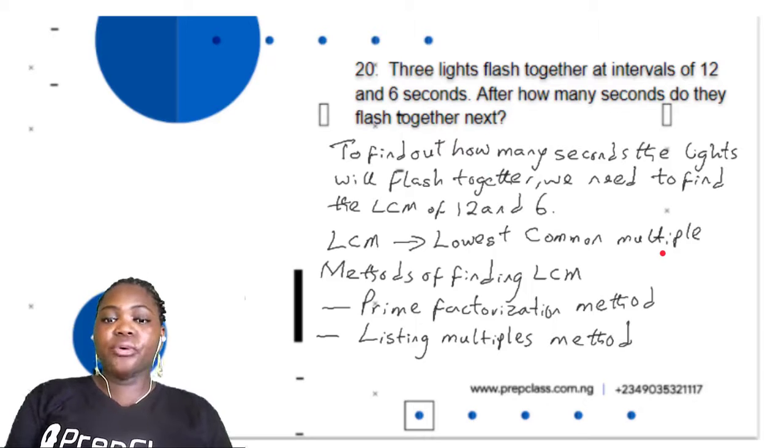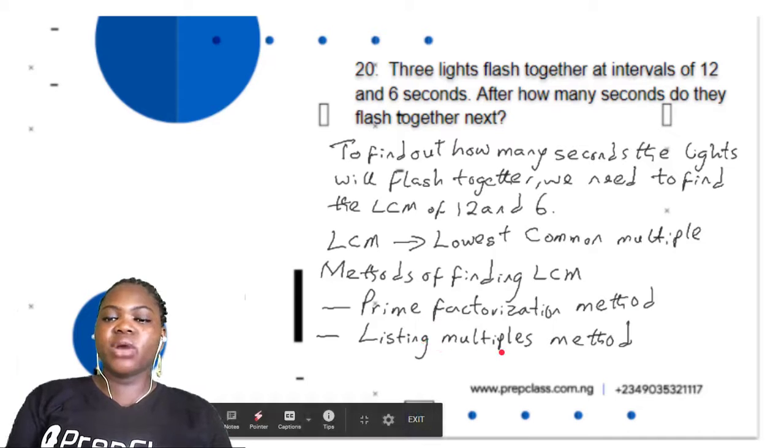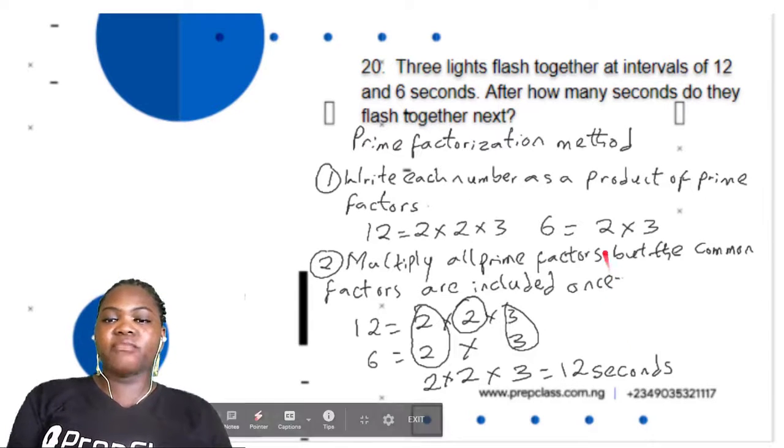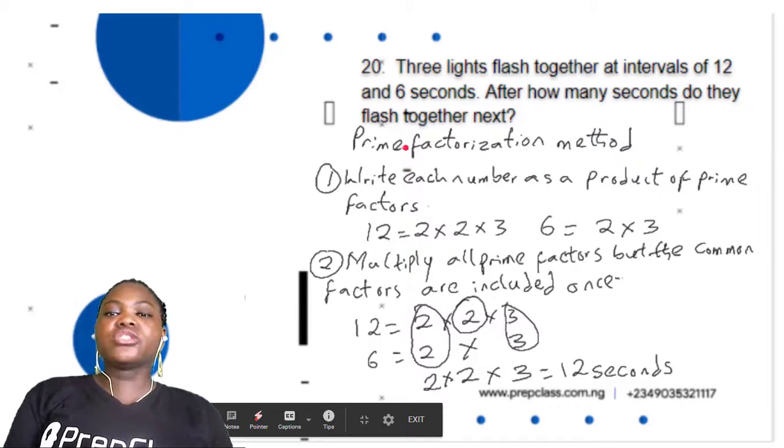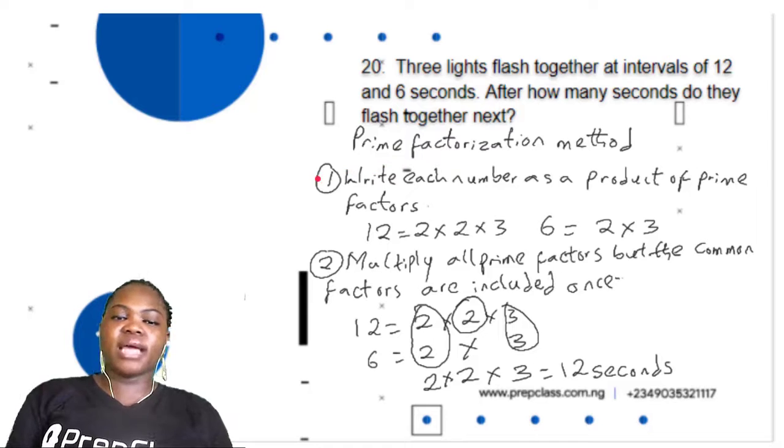There are two main methods of finding LCM. The first method is the prime factorization method, and another method is the listing multiples method. In this video, we're going to be using the prime factorization method. If you want to use this method, the first step is to write each number as a product of its prime factors.